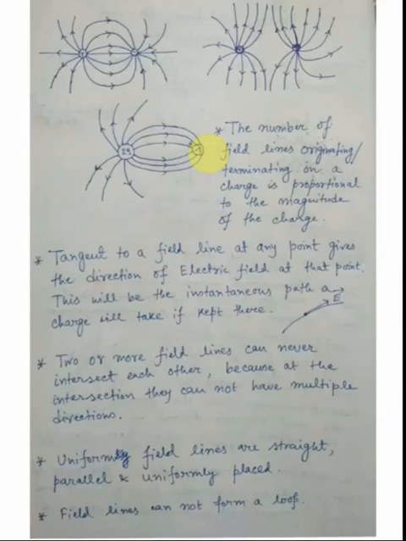Another point is that two or more field lines can never intersect each other, because at the intersection point they cannot have multiple directions. Then, uniform field lines are straight, parallel, and uniformly placed. Field lines cannot form a loop.